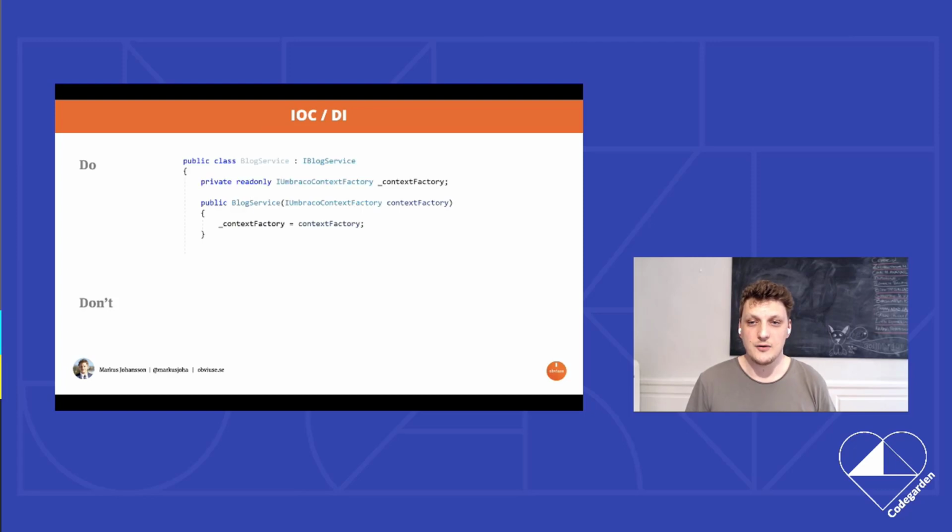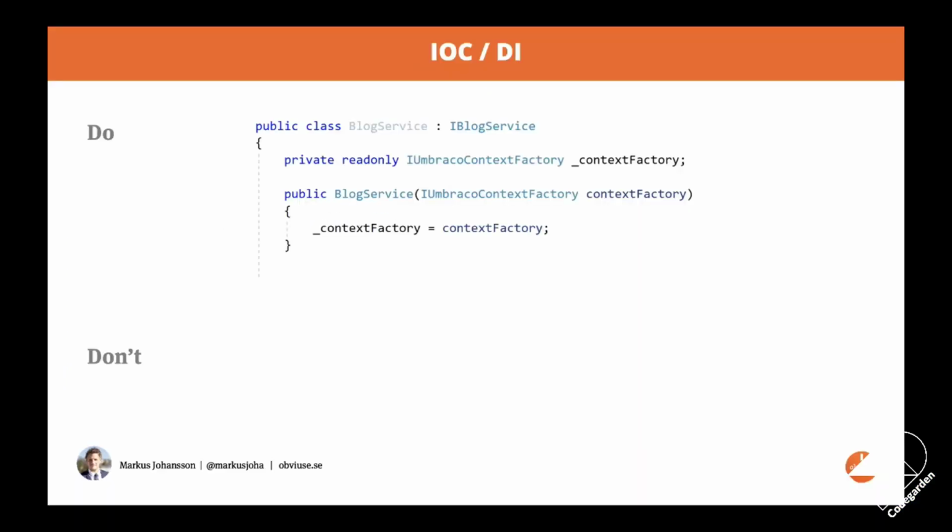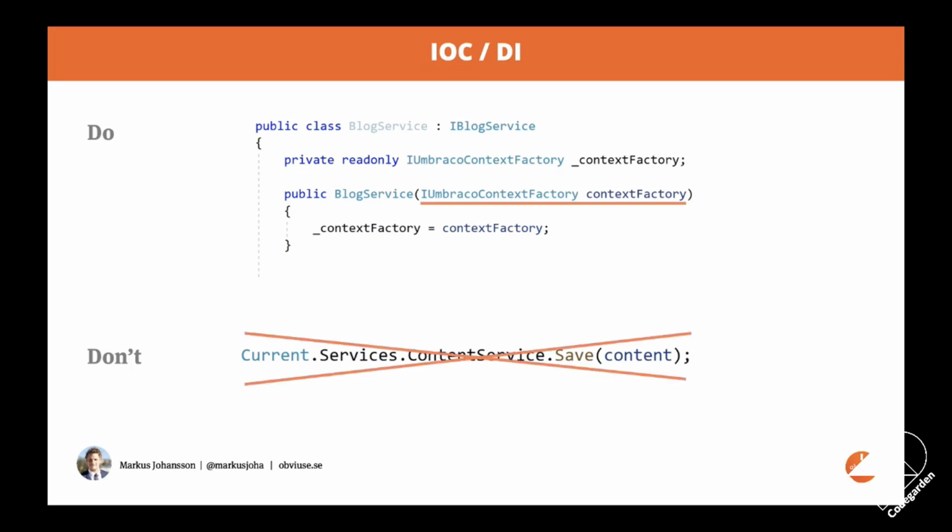So a really simple explanation about this. What you should do is that you should inject your dependencies or abstractions of your dependencies into your classes. And you shouldn't use service locators like this when you were using the current class in Umbraco, because this is an anti-pattern and it makes your code really hard to test.